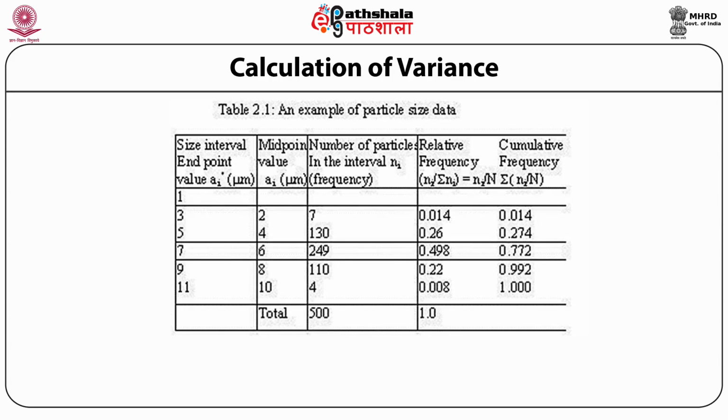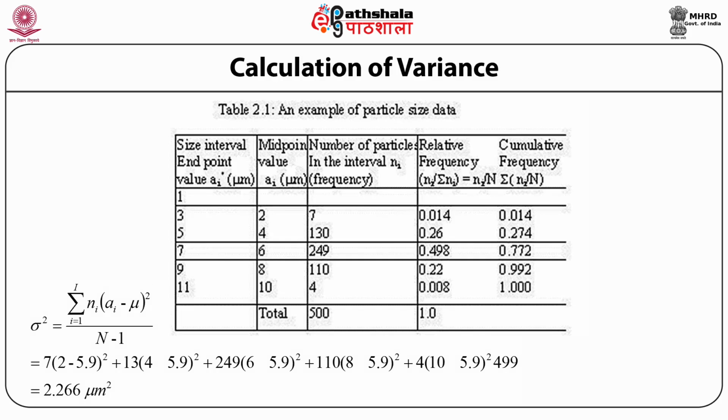Using table 2.1, we are calculating standard deviation and variance. For calculating standard deviation, we first calculate the variance. Variance is sigma square, and sigma square is equal to summation i equal to 1 to capital I, Ni (Ai minus mu) square divided by n minus 1.